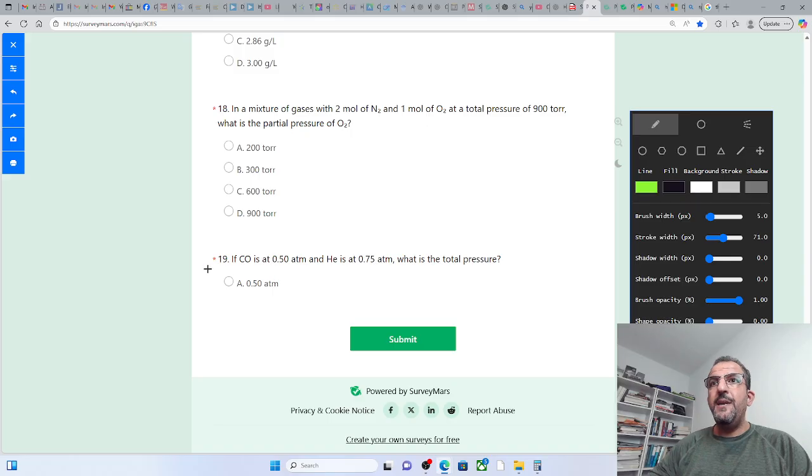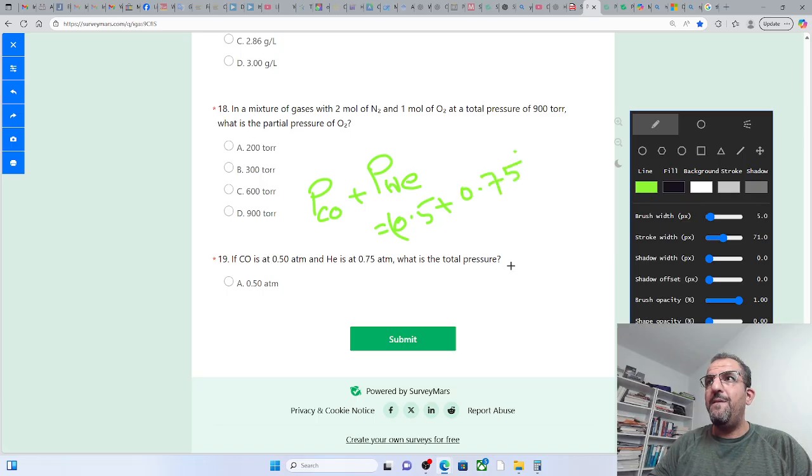So for 19, if carbon oxide is at 0.5 atmosphere and helium is at 0.75 atmosphere, what's the total pressure? I answered this question, guys. You need to add the pressure from carbon oxide plus the pressure from helium. So now you have 0.5 plus 0.75 atmosphere.